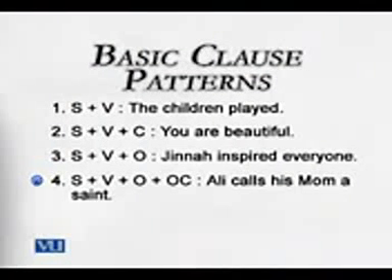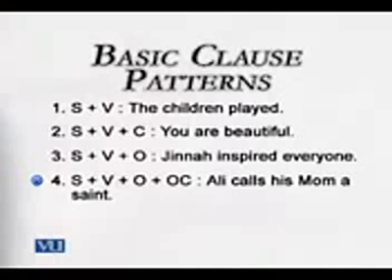That is your object. Let's move to our fourth basic clause pattern, which is S plus V plus O plus OC. Subject, verb, object, and object complement. I've told you before what is object complement. It is an additional word which you tag up with the actual object. Let me give you a sentence.